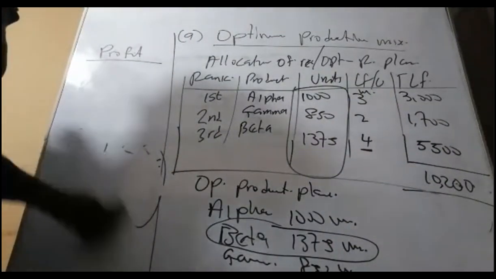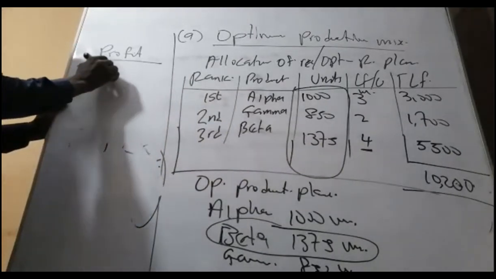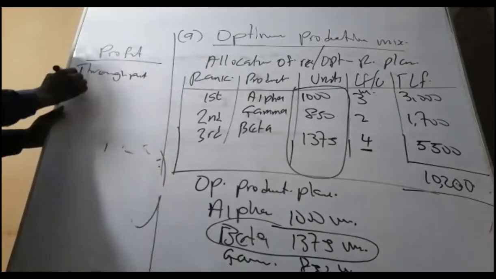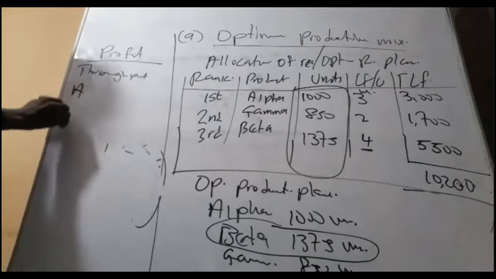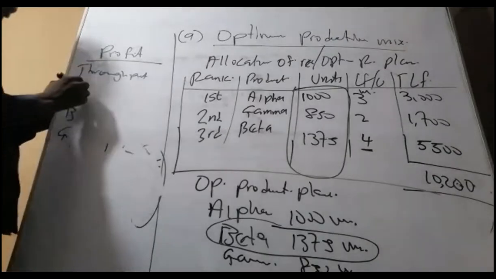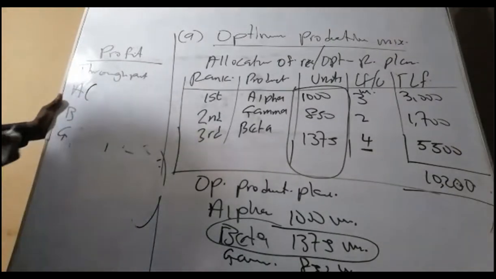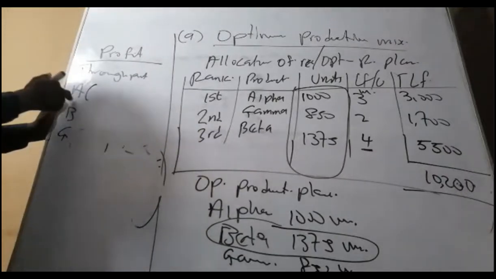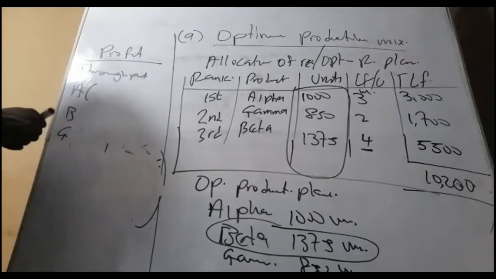So let's start with the throughput. So I'll pick each of the item one after the other. So I write here throughput and open the brackets. I will start with all the products, alpha, beta, and gamma. The throughput is not only one. How many products? 3. If there are 4, list them down. So alpha, I open a bracket nicely like this and tell the examiner that the total throughput will be the demand of alpha.